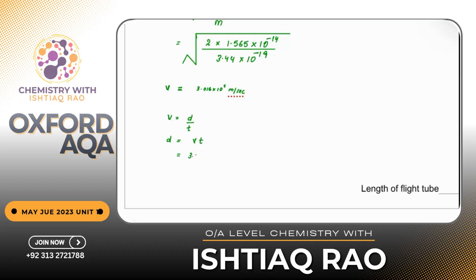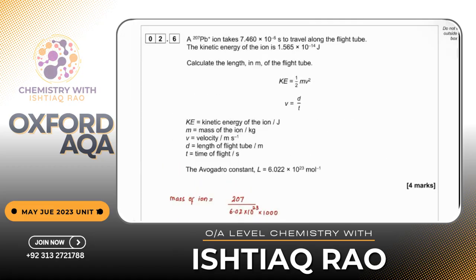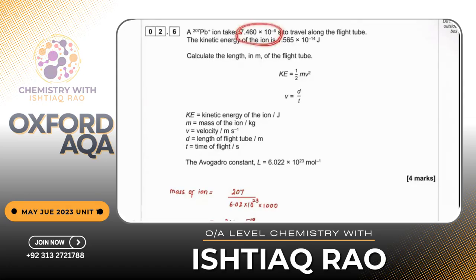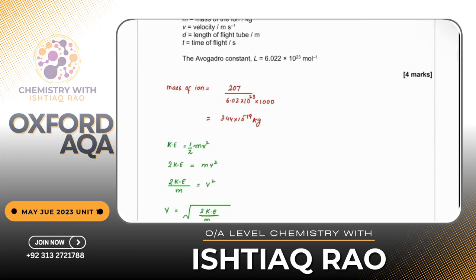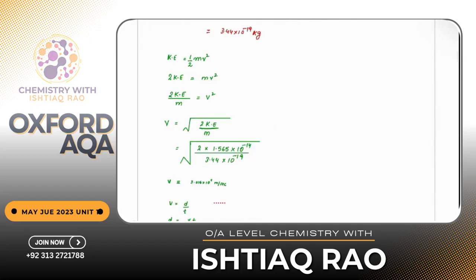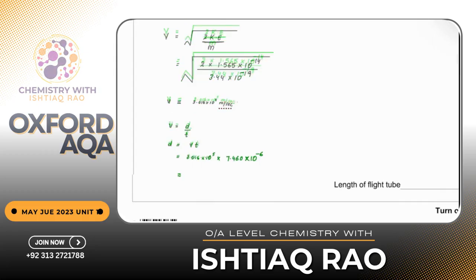V is 3.016 exponent 8 multiplied by the time, that is 7.460 exponent minus 6 seconds. What's the answer?